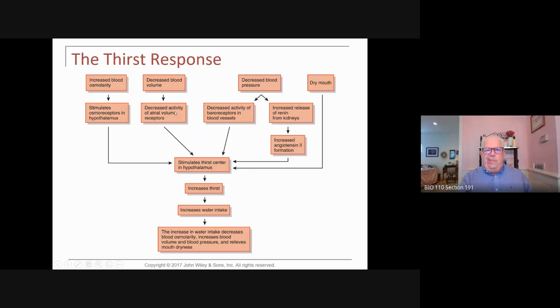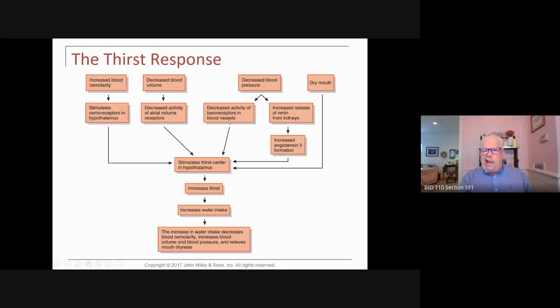This stimulates the osmoreceptors in your hypothalamus. The decreased blood volume decreases the activity in the atria of your heart. You have a decreased blood pressure. You have a dry mouth.